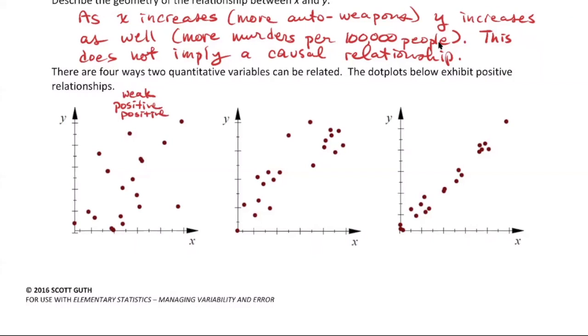Okay, so there's sort of an uphill trend there, but the points are really widely spread. The next one I would say is a moderately strong positive relationship.